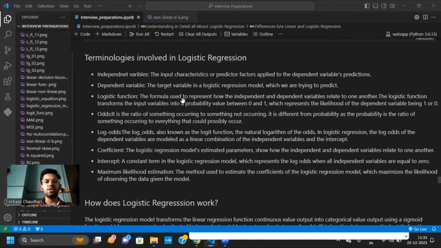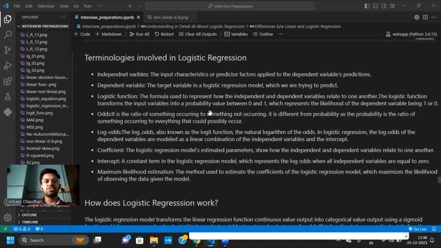Logistic function. The formula used to represent how the independent and dependent variable relate to one another. In both linear regression and logistic regression, we are trying to find out the relationship between the two variables. So the logistic function is contributing towards that.